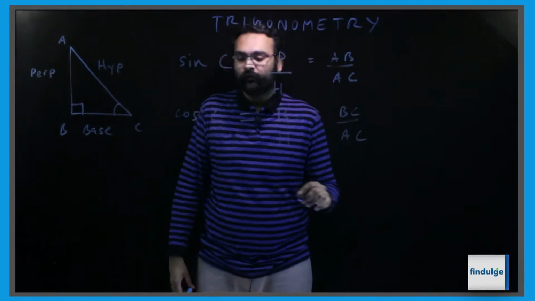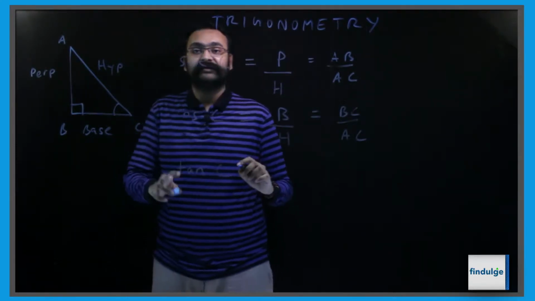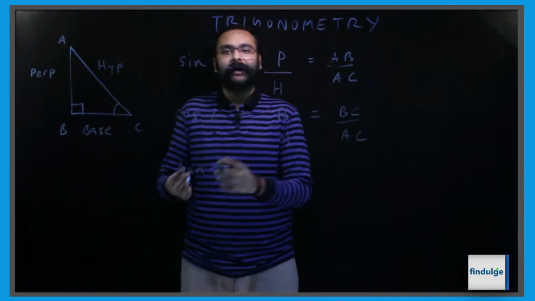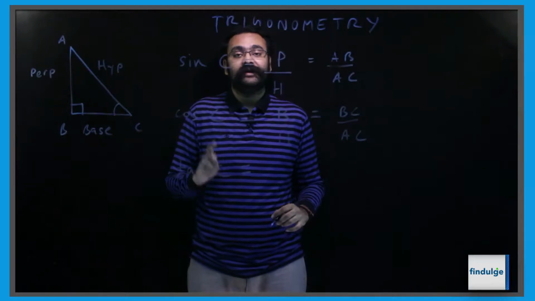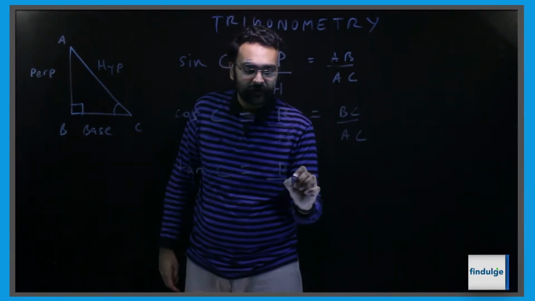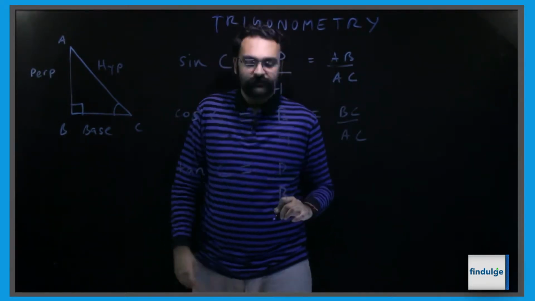And finally, we have what is known as tan C. Tan is actually short of tangent, but we just call it tan. Now tan C is actually perpendicular upon base. Right?